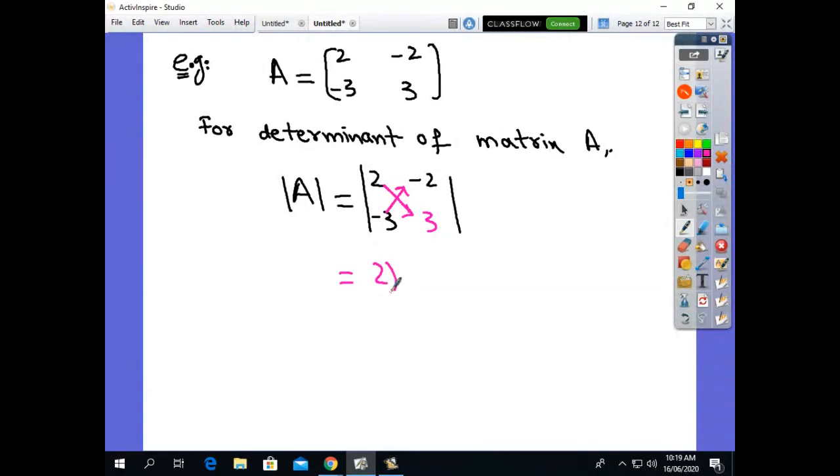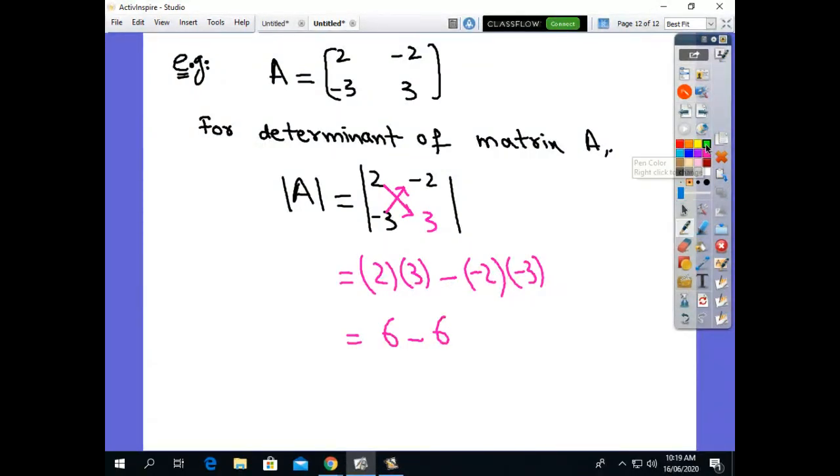We have 2 multiplied with 3. There is a negative sign in between them. Negative 2 is multiplied with negative 3. After multiplication, 2 multiplied by 3 becomes 6. Negative and negative become positive, then again negative becomes negative. 2 multiplied by 3 becomes 6.